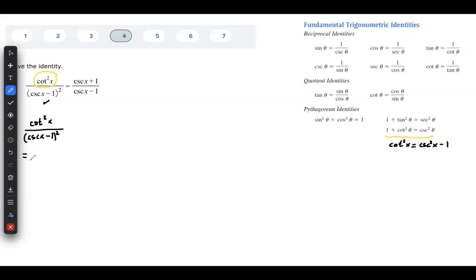So that is going to be equal to the cotangent on top simply becoming cosecant squared of x minus 1, divided by what we already have, cosecant of x minus 1 squared. So that meant a Pythagorean identity.